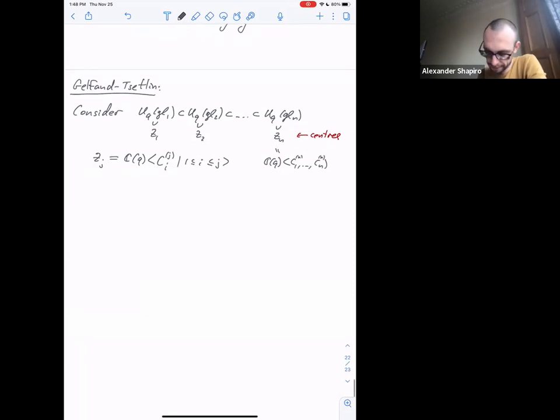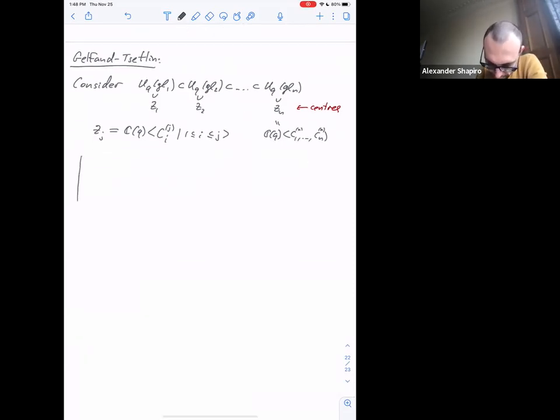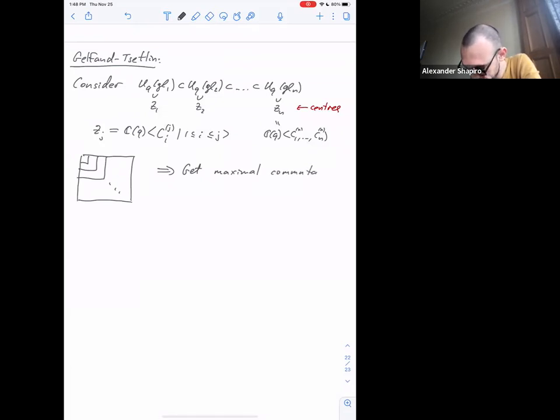All right, good. Now, the way these Uq sit inside one another, you can still think of it, loosely speaking, as matrices sitting one inside another. And therefore what you get is a maximal commutative subalgebra inside UqGLn.